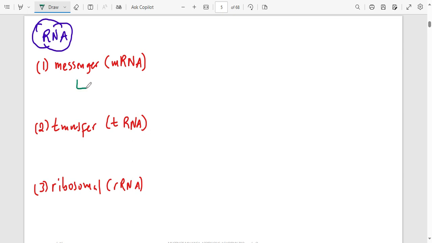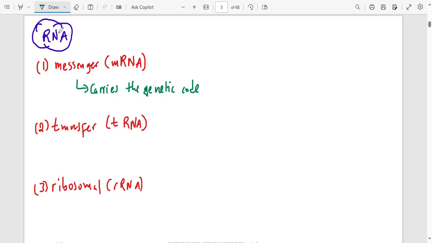So mRNA carries the genetic code. What is the genetic code? The genetic code is simply a set of instructions that will direct what type of protein you are going to form.